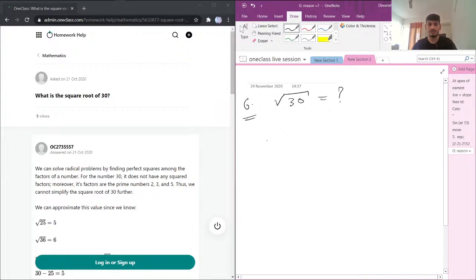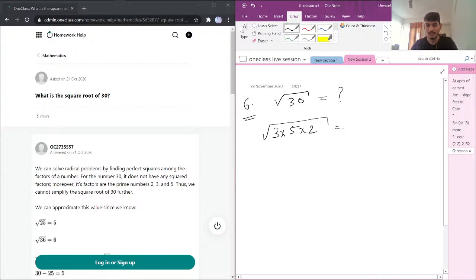So for example, for root 30, I can write root 30 as 3 into 10. 10 will be 5 into 2. So we cannot form pair of numbers. So we'll be going with a different approach.